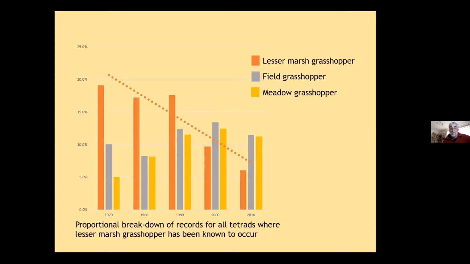So it suggests that the habitat structure is probably right, but meadow grasshopper, while it will use damper grasslands, actually is quite happy in dry grasslands and seems to be doing better, increasingly well, in the kind of places where lesser marsh grasshopper used to occur.